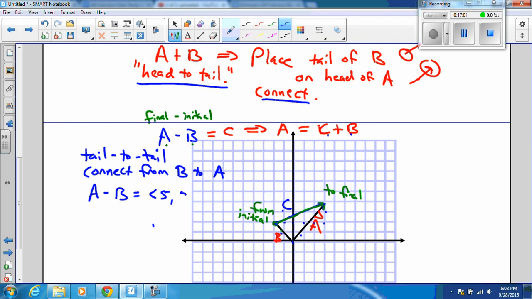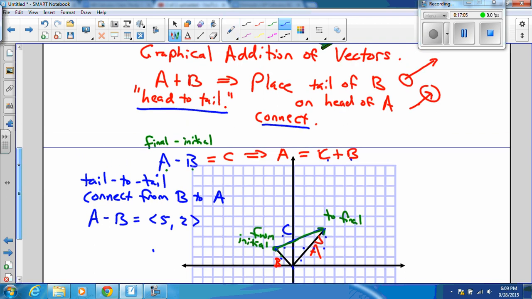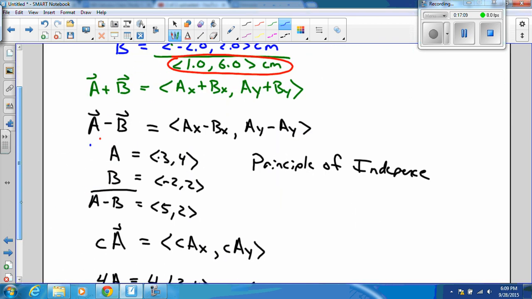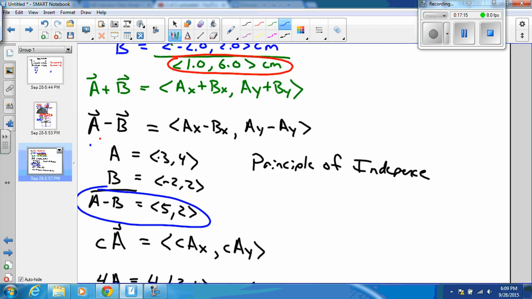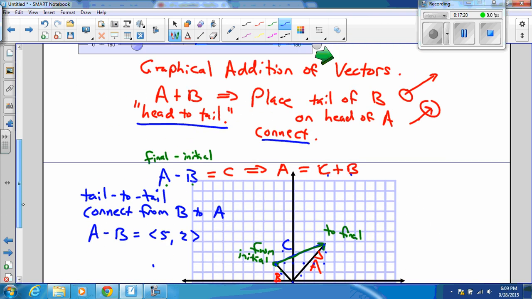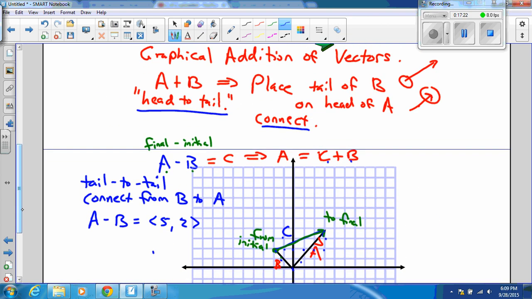Now that I have this vector drawn, let's see what it is in rectangular components. We can count. C is over 1, 2, 3, 4, 5. So A minus B is equal to 5 in the x direction, and then it is 1, 2 in the y direction. And if I now go back to what we got on the other page, we can see that this is exactly equal to the difference that we got by subtracting components there.